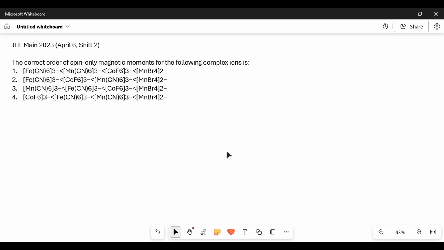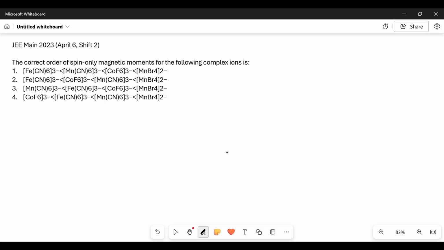So today we shall discuss the important questions on the same topic, spin only magnetic moment, that we already discussed in last sessions. These are various types of questions from the last session. So the first question is the correct order of spin only magnetic moments for the following complex ions.